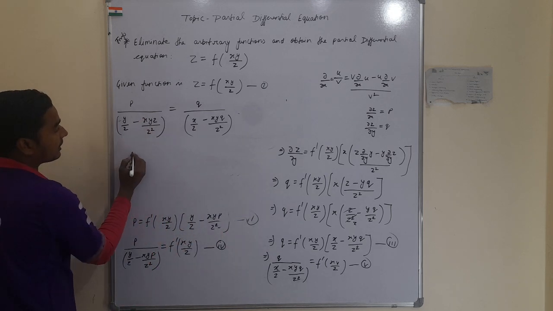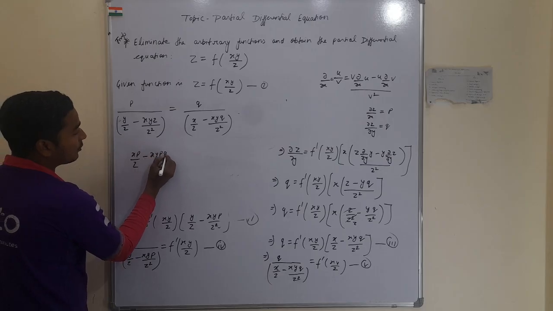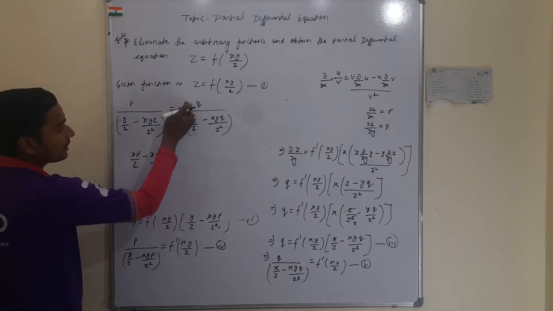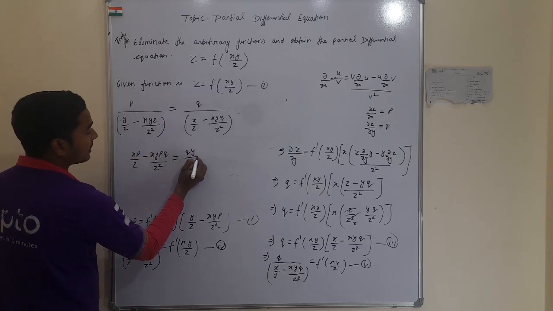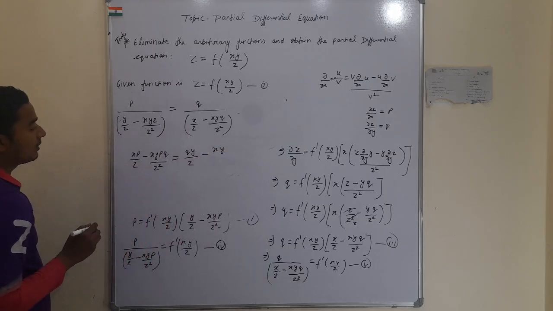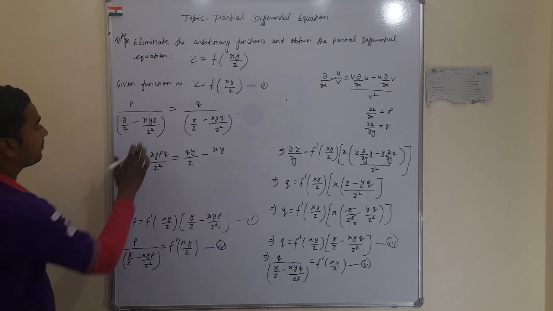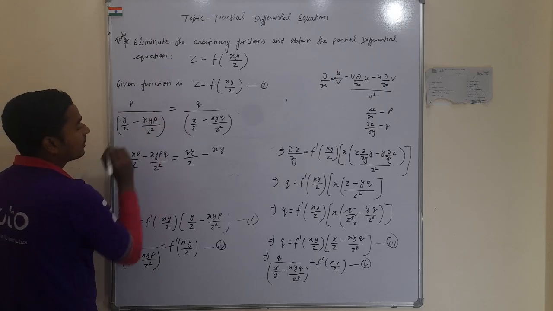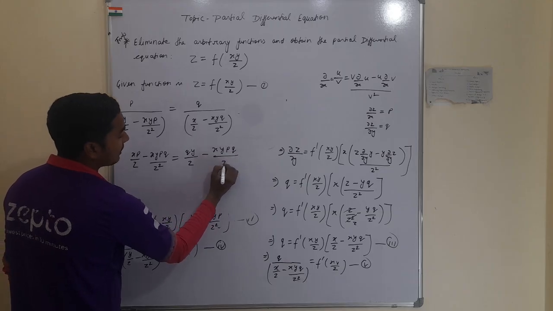Cross multiplying, p multiplied with these terms gives xp upon z minus xy pq upon z square. Similarly, q multiplied with these terms gives qy upon z minus xy pq upon z square.